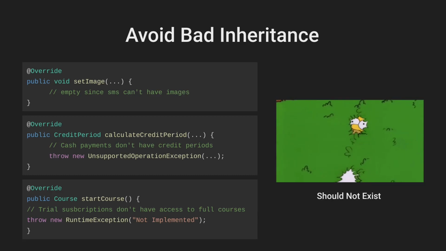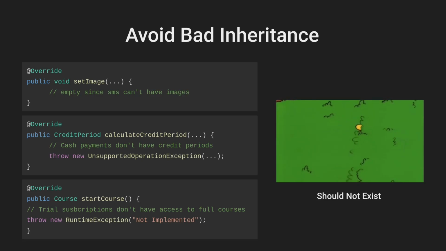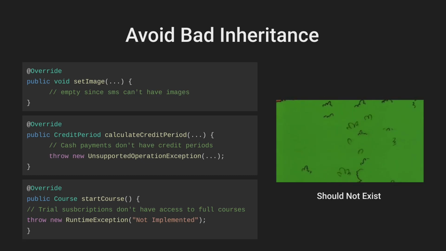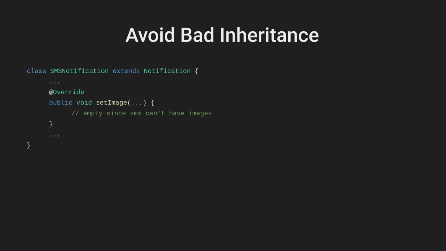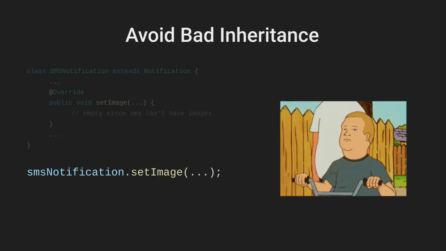They exist only as a result of bad inheritance hierarchy, which not only affects the readability of the code, but also affects the client code calling these methods. For example, from our first example, if a client code calls setImage method, then the client could expect that the SMS notification will also have an image in it, which is not true, and the client code will be disappointed.